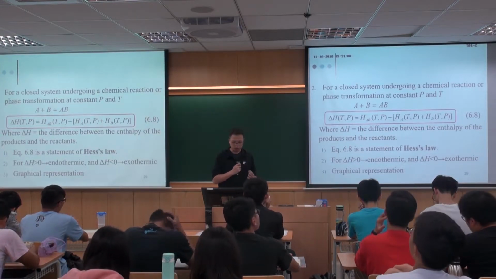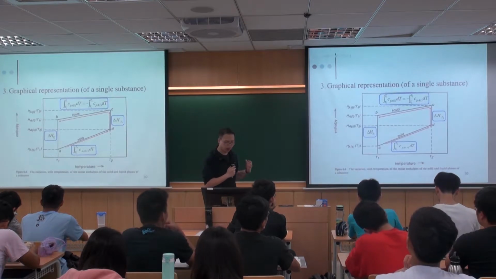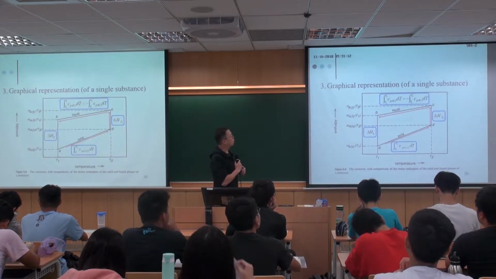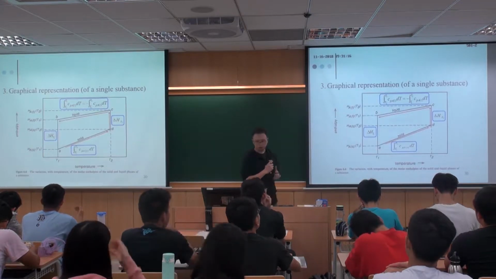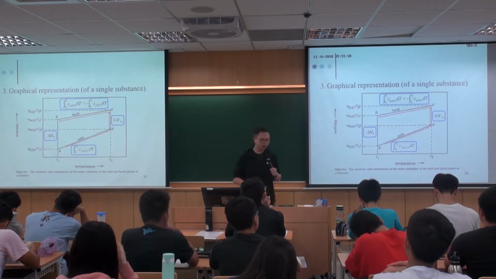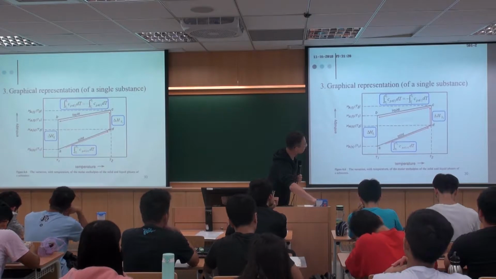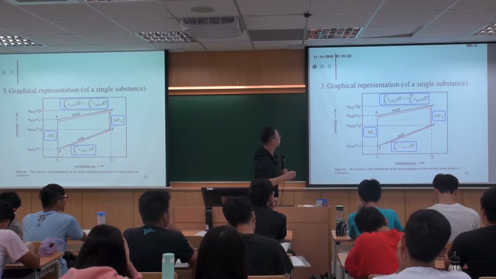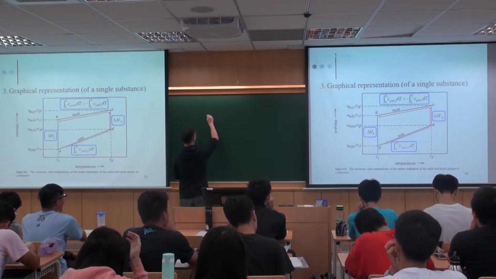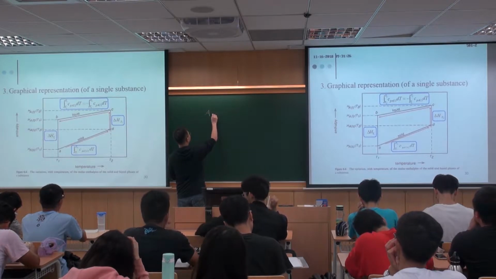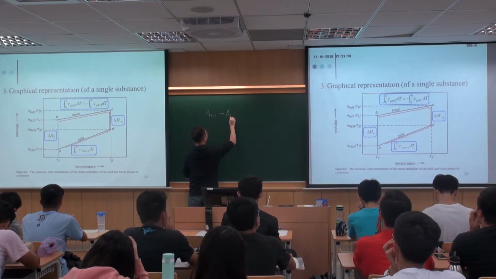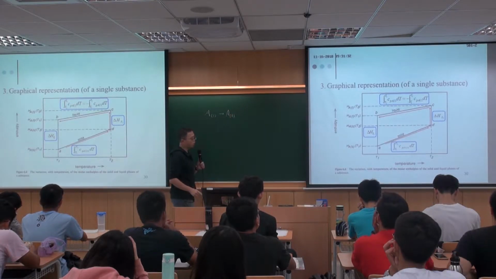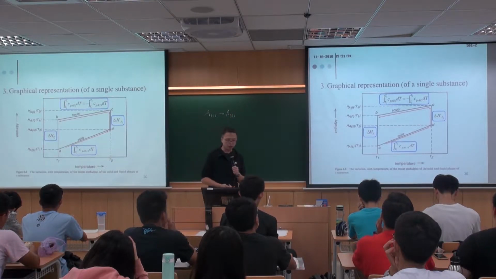And the textbook brings up this example. So consider a material. It has 2 different phases. For instance, in this case, this material is named A. It has a solid phase, and it can be changed to a liquid phase.